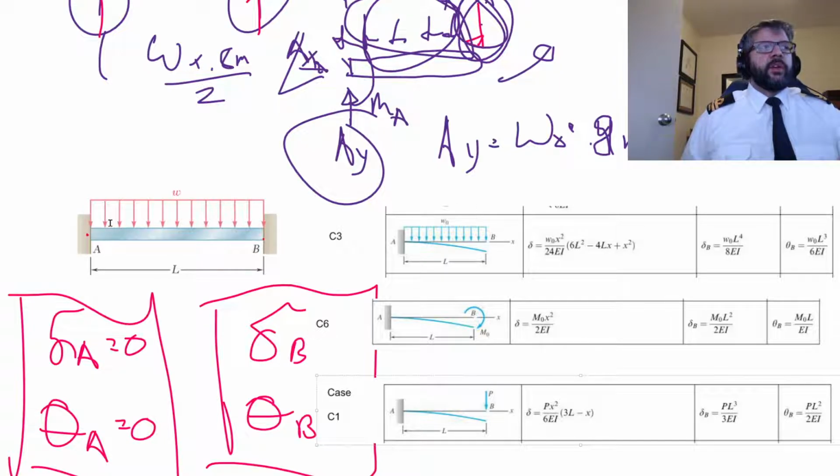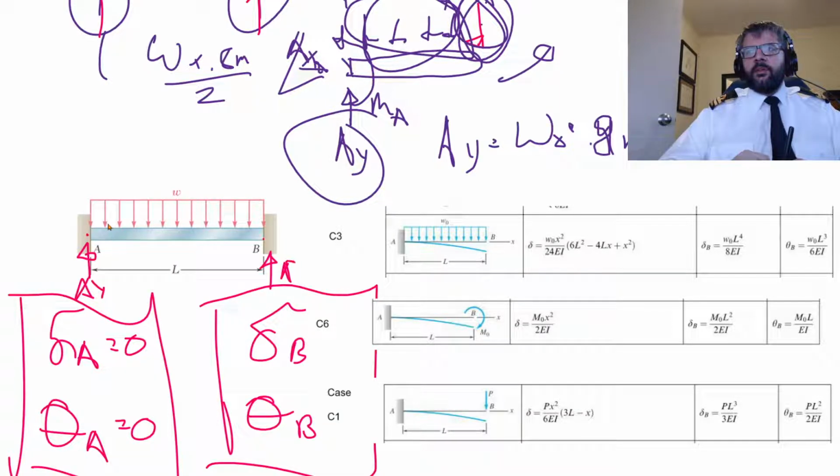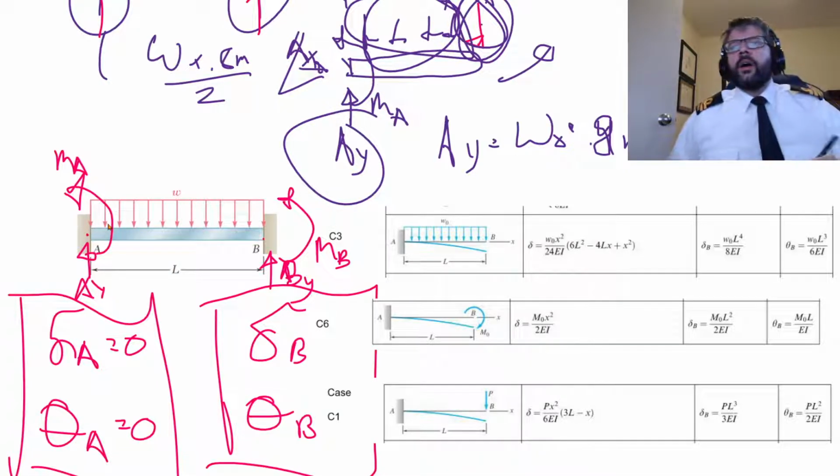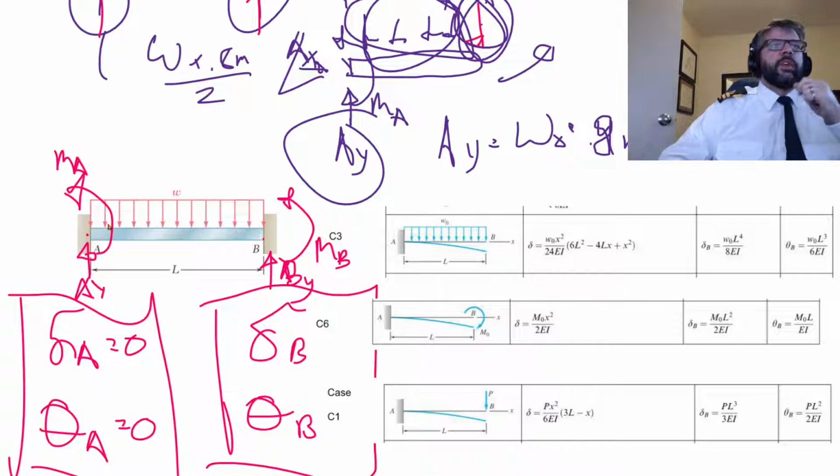They wouldn't necessarily be applicable for all beams stuck between two walls, but if we just look at this, we know it is symmetrical, so therefore we can tell that AY and BY, here, I'll draw the moments here, as well, our AY and our BY need to be equal as well. So we can figure what the magnitude of this BY here is.